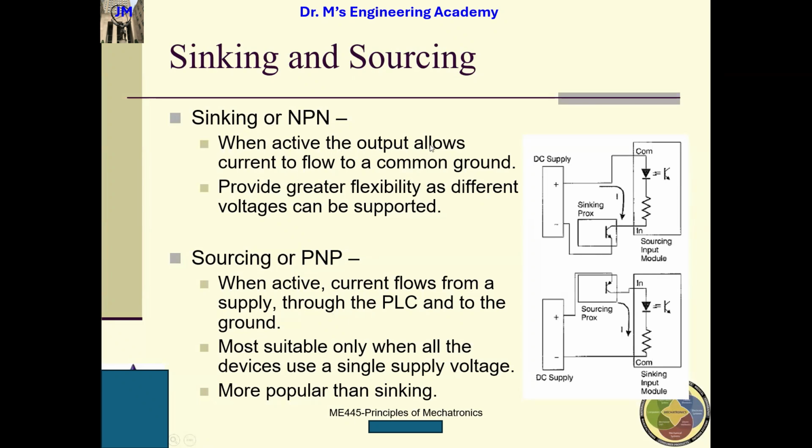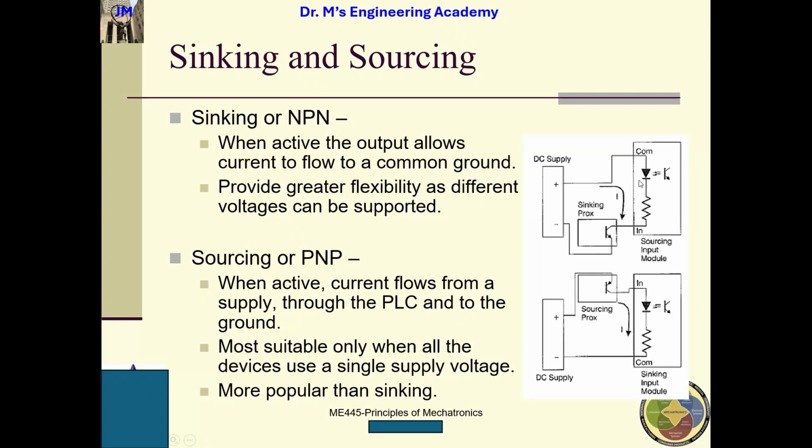When active, the sinking output allows the current to flow to a common ground. This is sinking, and it provides greater flexibility as different voltages can be supported. Sourcing is the PNP, usually connected to the PNP here.